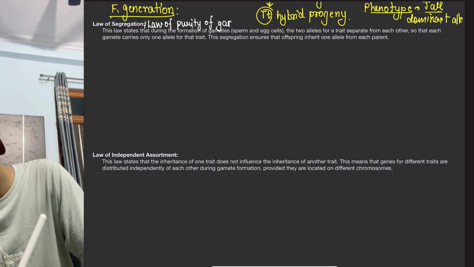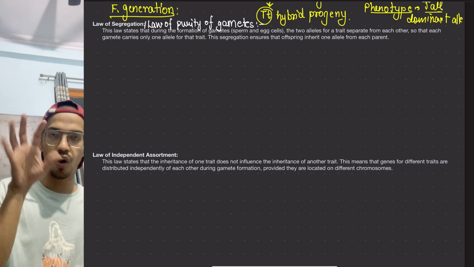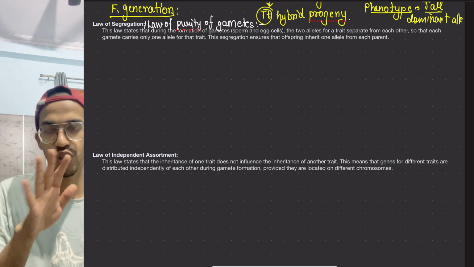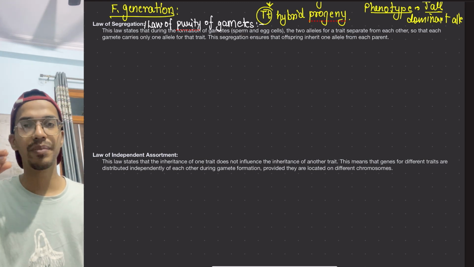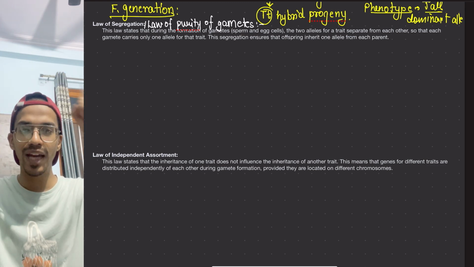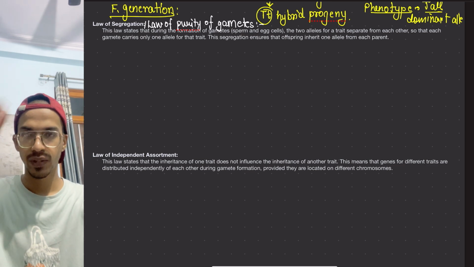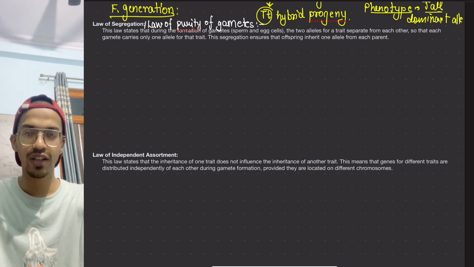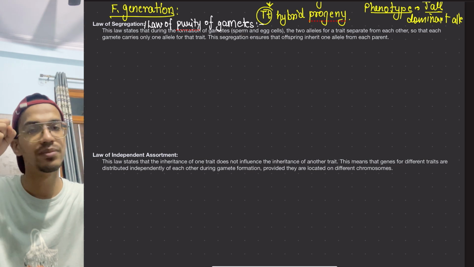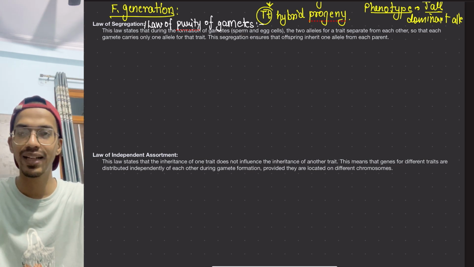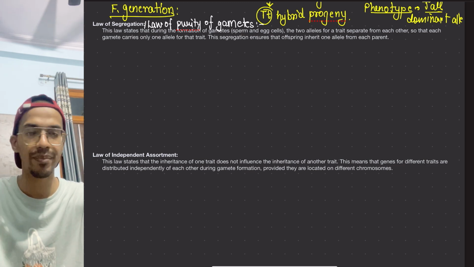Now what is happening? If you see across, like the F2 generation, when the hybrid is making the gametes, then we said what? Two of the gametes are going away. So when the gametes are being formed, half get a dominant allele, the other gets the recessive allele in the hybrid, when the hybrid is acting like a parent and forming gametes.